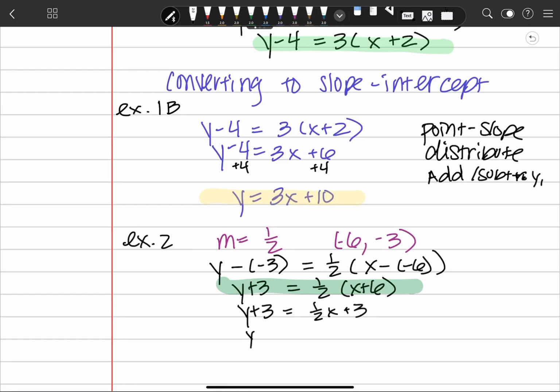Then what you're going to do is subtract 3. And you get y equals 1/2 x plus 0. But we're not going to write the plus 0. That's like saying I have $100 plus $0. I have $100, guys. I sound like a fool when I say that. So this is what you would write in slope-intercept form then.